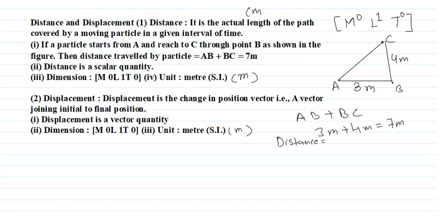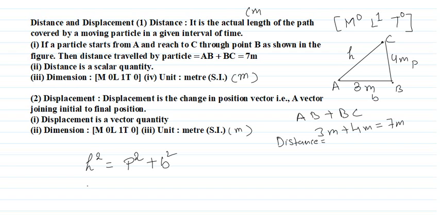Let's assume this is the base, this is the perpendicular, and this is the hypotenuse. So we have to calculate the length of the hypotenuse of this right angle triangle. From mathematics geometry, the hypotenuse square is the sum of perpendicular square plus base square.